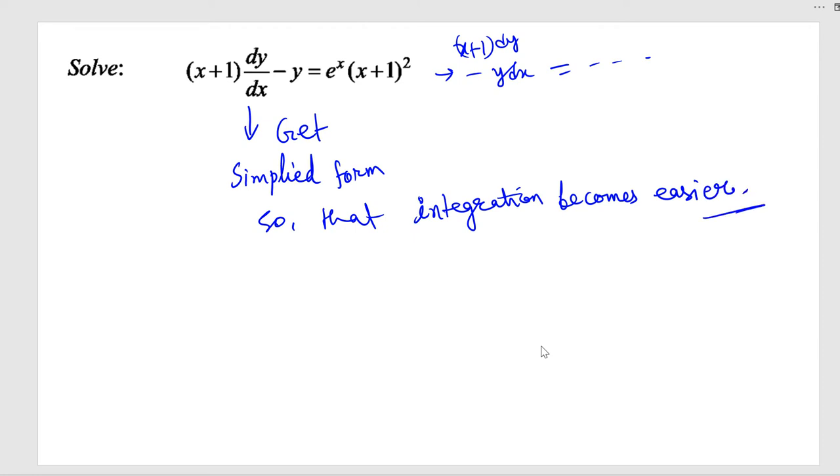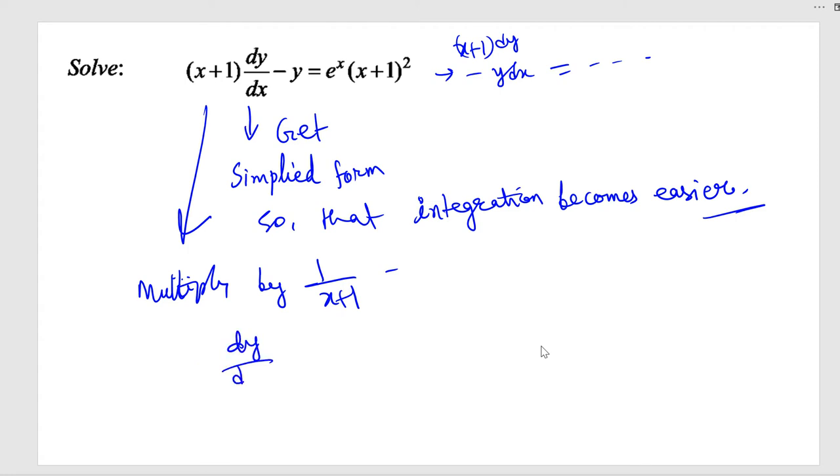Now, if you multiply with 1 upon x plus 1, then what will you get? Then this equation becomes dy dx minus y upon x plus 1 equals e to the power x times x plus 1.